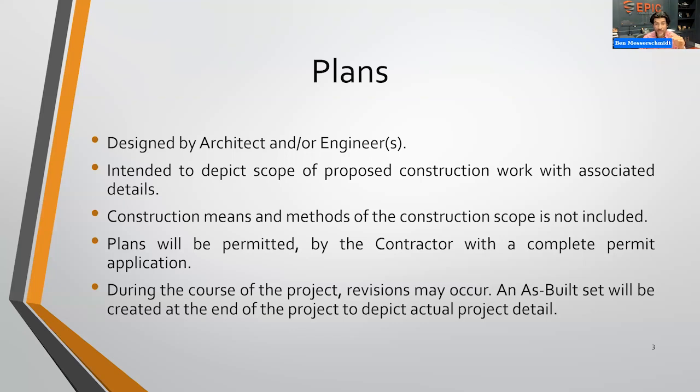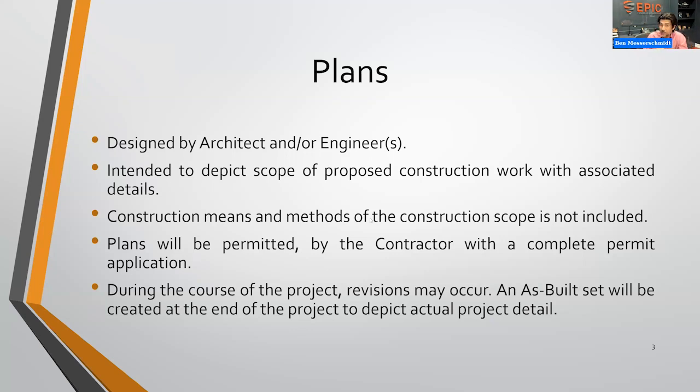Plans won't give the construction means and methods, meaning the engineer or architect is not going to dictate how many foremen, how many laborers, how many porta potties need to be on site to get this work done. The term means and methods is primarily a construction term, and that's going to fall within their wheelhouse of things.